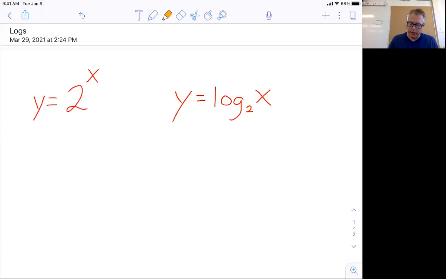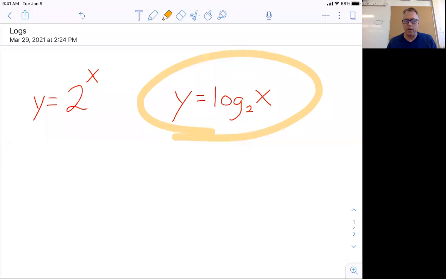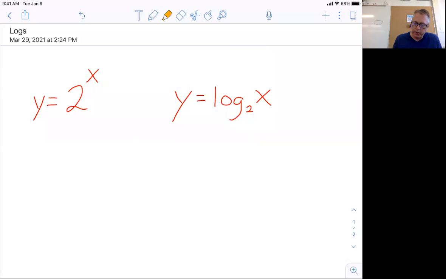And we would say log base 2 of x is how we would speak that. But anyways, these two things are inverses of each other, okay? So if you take 2 to the x and then log base 2 of x, those two operations undo each other. That's kind of why we have logs, because we need an inverse operation for exponential functions.